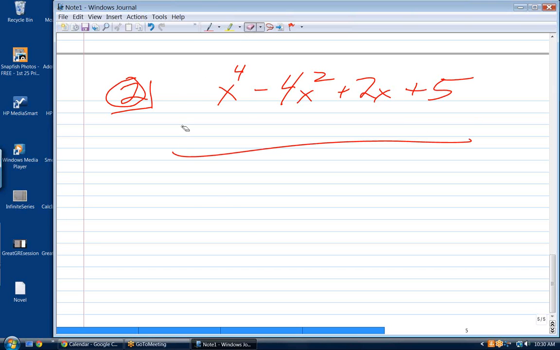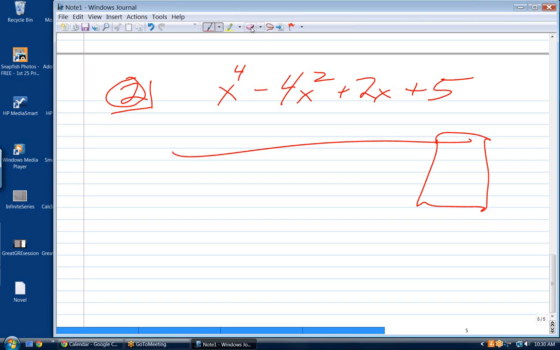That would give you the remainder if I divided x minus 2 into this polynomial. Whatever this final thing ends up being is your remainder. There's another key thing here: you need a dummy variable.